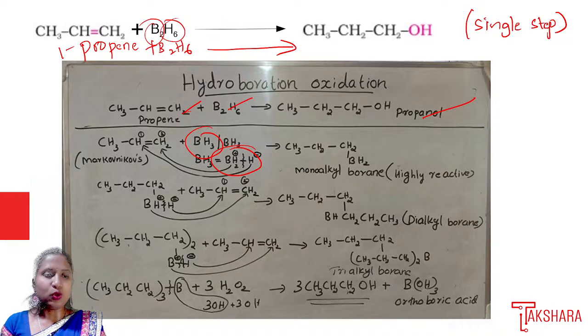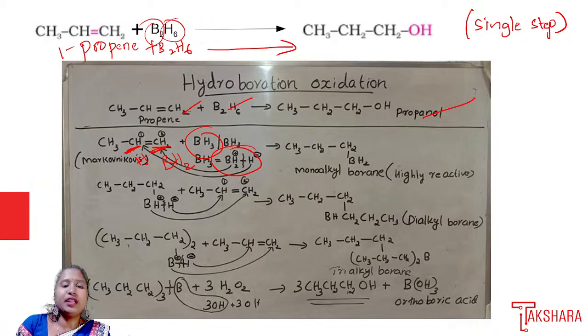So here Markovnikov's rule is going to apply, and one hydrogen atom from BH3 is going to combine with the CH. Hydrogen atom ಬರುತ್ತೆ CH ಹತ್ರ, and CH2 ಹತ್ರ BH2 ಬರುತ್ತೆ. Then we will get the product monoalkyl borane, which is highly reactive in nature.